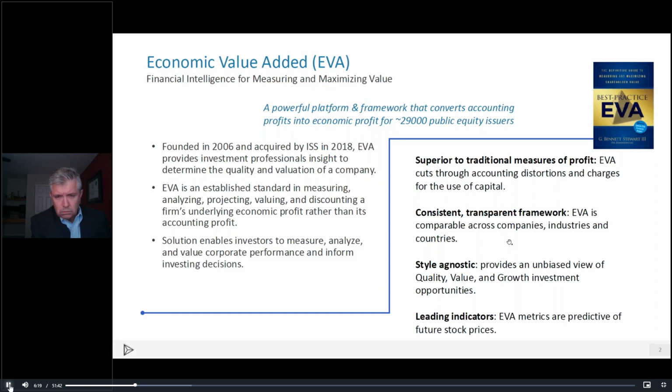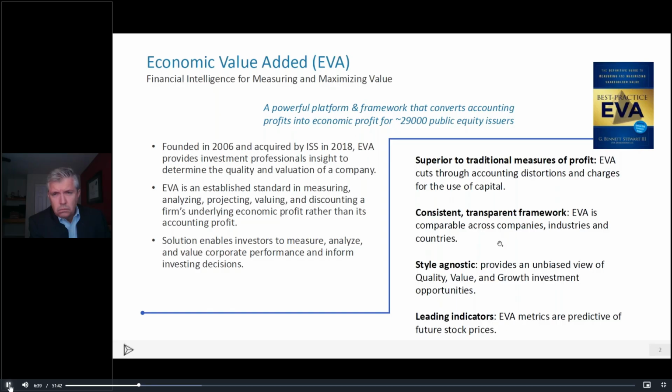And we're going to come on to some charts looking at the EVA drivers, the EVA fundamentals, looking at those business models to see how they actually are operating in the real world. Some of the key points on the right-hand side, you'll see superior to traditional measures of profit.